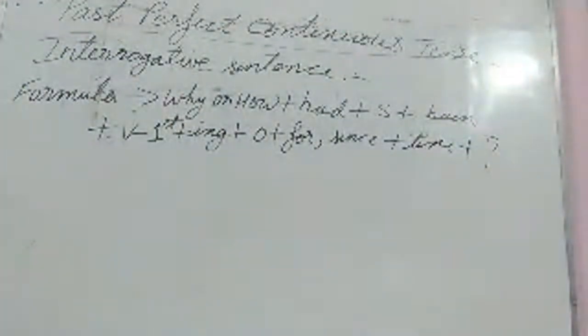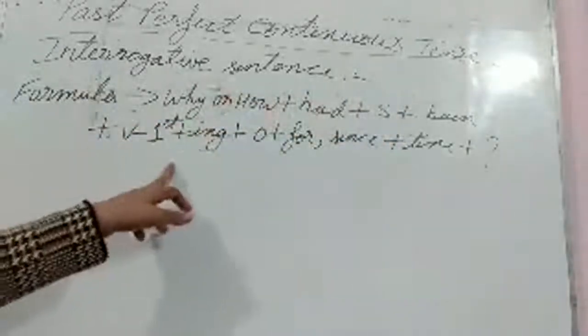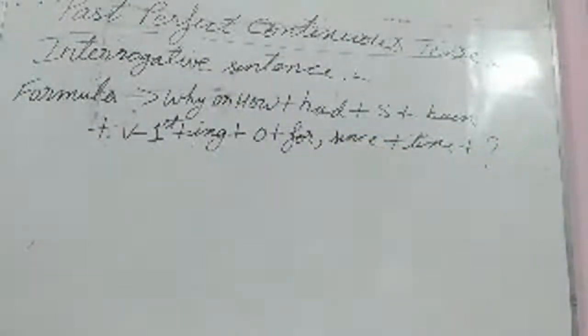So here is the formula for the interrogative sentence in past perfect continuous tense. The formula is why or how plus had plus subject plus been plus verb of first form plus ing object plus for or since plus time and the question mark, as it is an interrogative sentence.